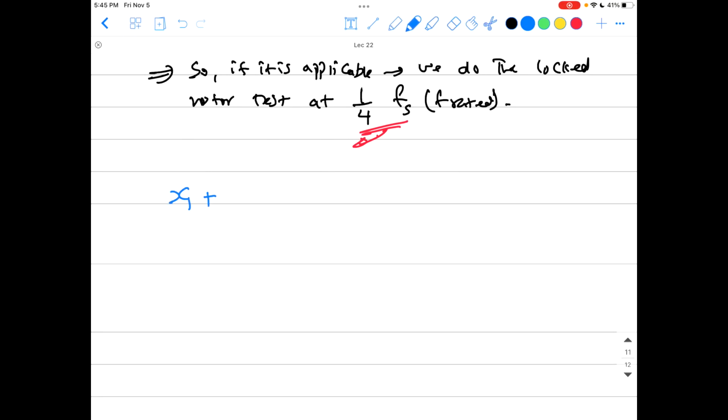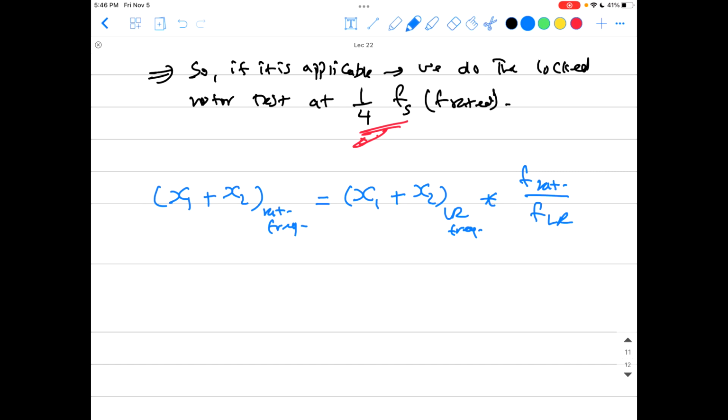So X1 plus X2 at the rated frequency will equal X1 plus X2 combined at the locked rotor frequency, the frequency you've done the test at, multiplied by F rated over F locked rotor. Okay guys, so like I said, if you do this test at a different frequency, which is typically 1/4 of the actual frequency, that means the X's you just found were made at a much reduced frequency.